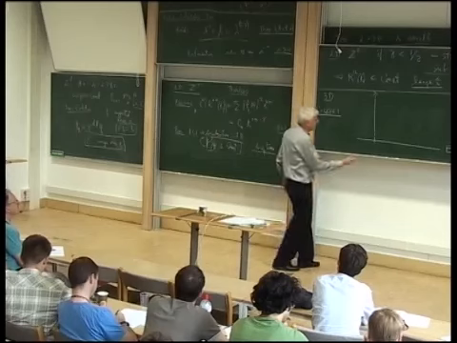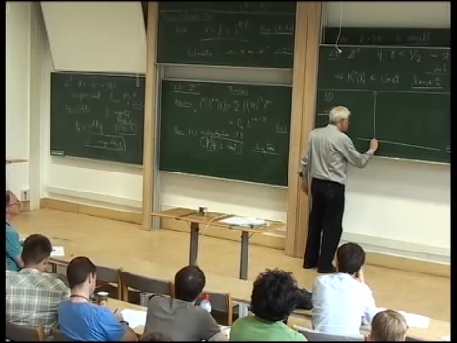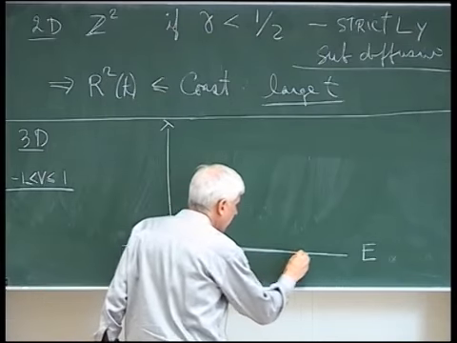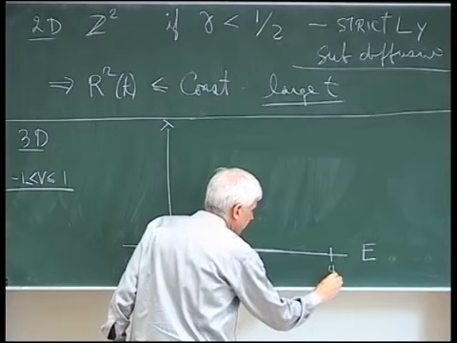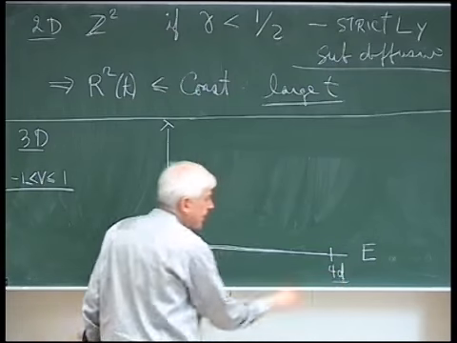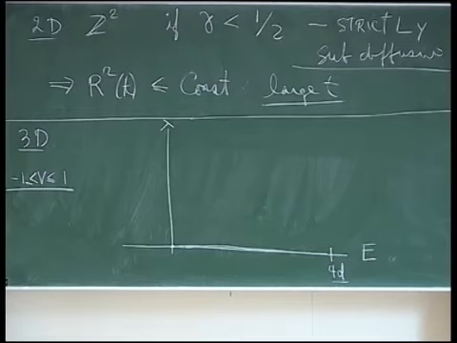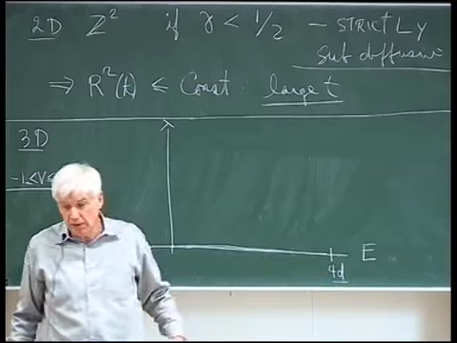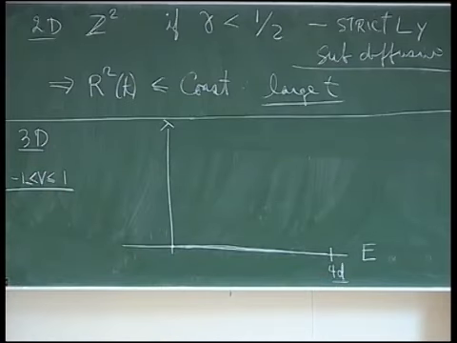And then we have the following picture that we discussed last time. At lambda equals 0, the spectrum runs from 0 to 4D, 4 times the dimension of the lattice. The spectrum is a compact set there, and of course we all know that the spectrum at lambda equals 0 is absolutely continuous, and in this region you have, as is well known, ballistic behavior.